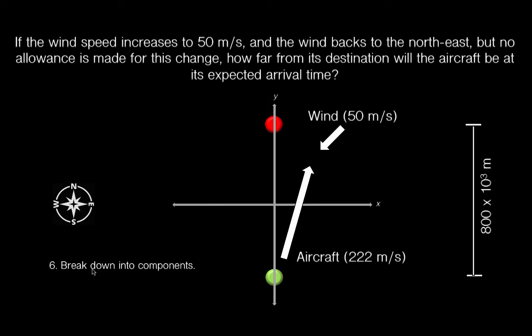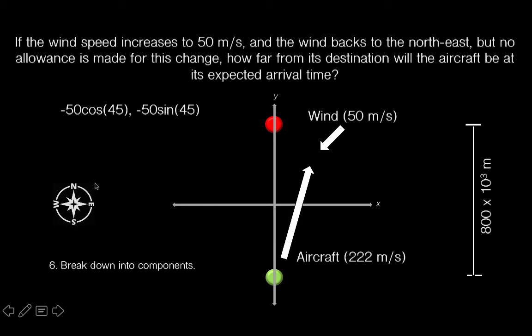Again, let's break this down into components. For the wind, we get minus 50 because it's coming in towards the negative x direction, cosine 45 for the x component, and then minus 50, again because it's going in the negative y direction, sine 45. The reason we get 45 is, looking at this compass, between north and east there's a 90-degree distance.